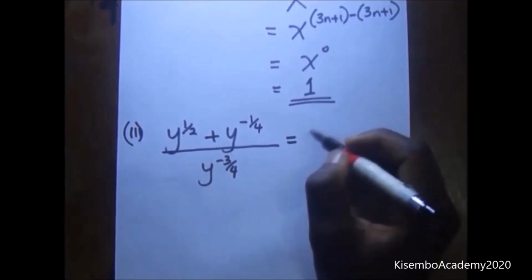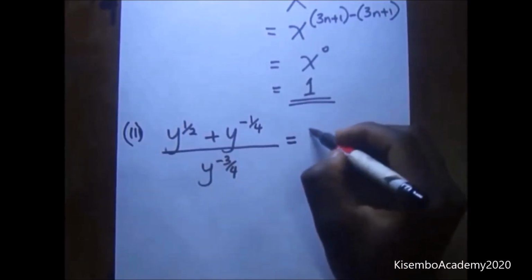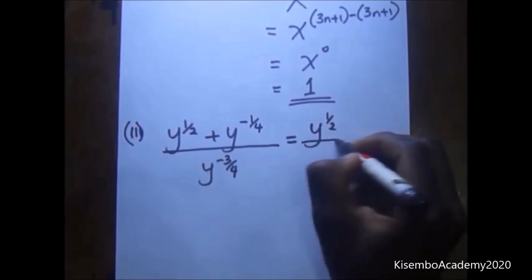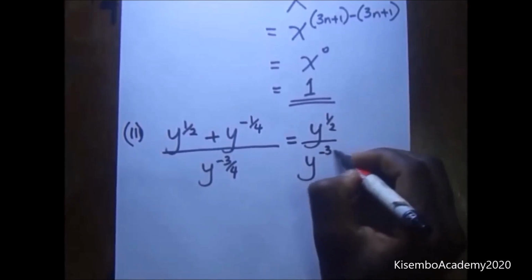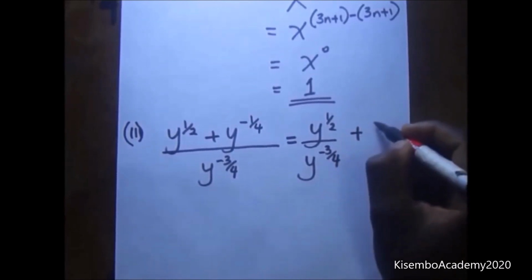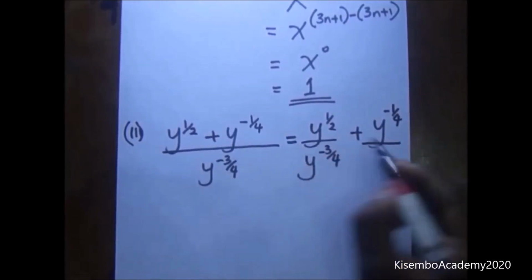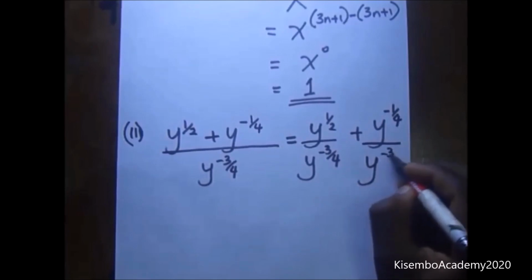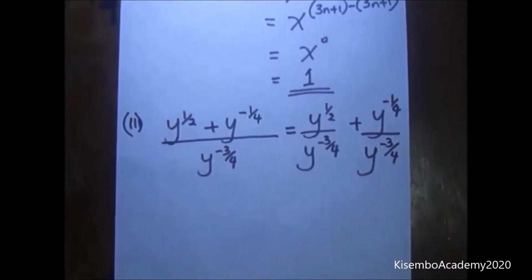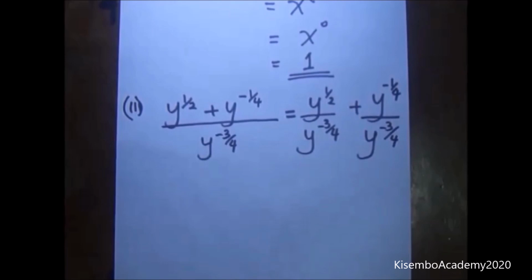This is going to be equal to, let's split this, y to the power a half over y to the power negative 3 over 4 plus y to the power negative a quarter. Divide that by y to the power negative 3 over 4. That is what it means. So now we'll continue.